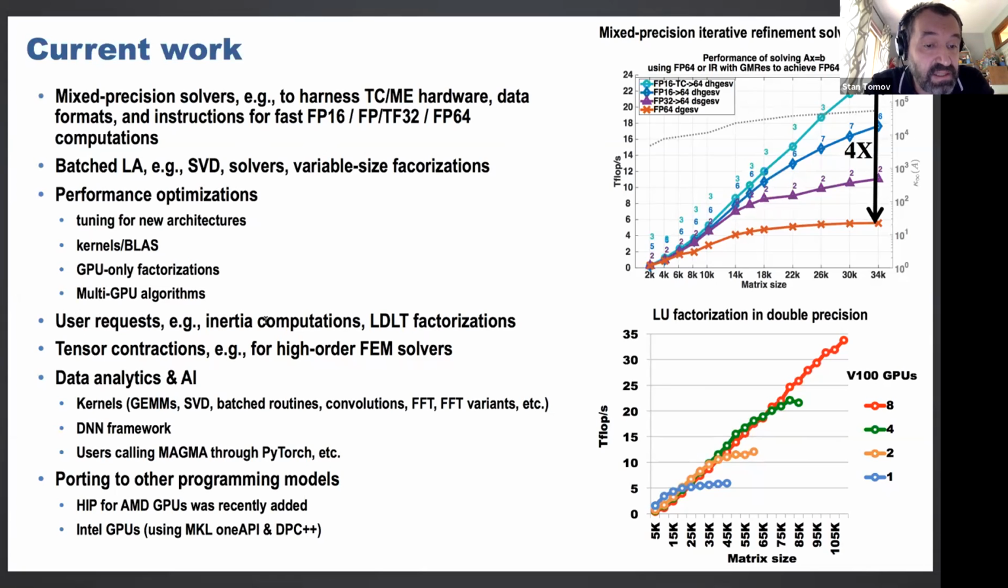Various data analytics kernels. These are CUDA and HIP kernels. Included are also what we do for FFTs in the heFFTe project. And of course, porting to other programming models. We have already HIP and CUDA ports, and Intel GPUs now is in the pipeline.